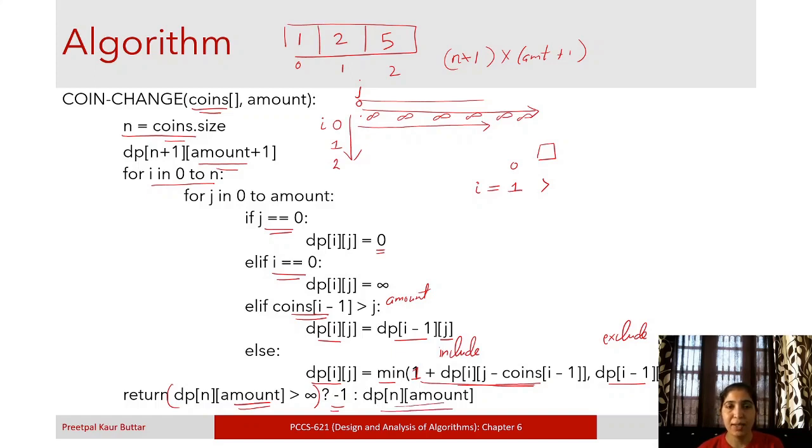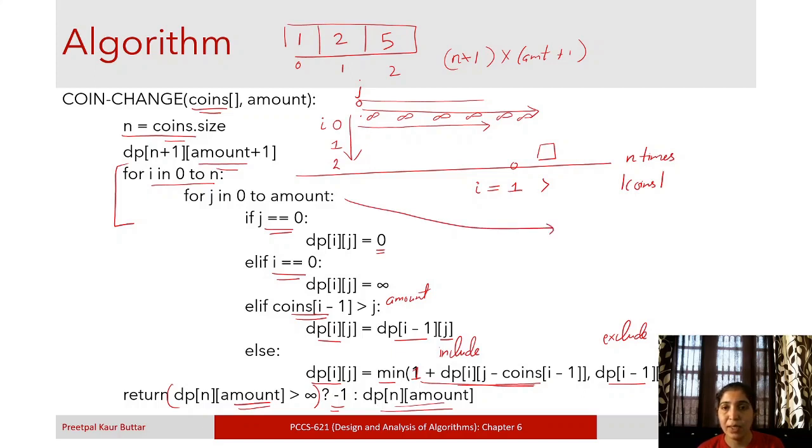So this is the algorithm, and it is a pretty simple algorithm with two loops, the i loop and the j loop. If we analyze it, the i loop runs n times, where n is the number of coins, and the j loop runs amount number of times.